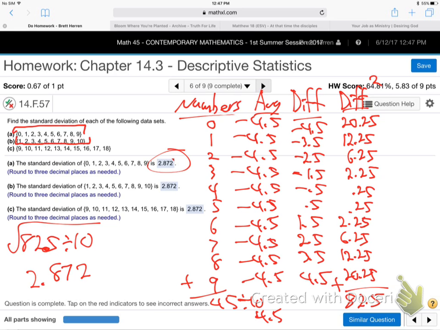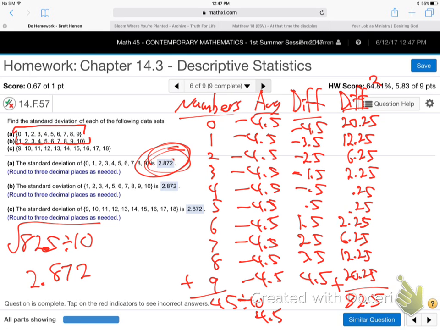That'd be like if the teacher gave a quiz, and the scores the class got were 0 through 9, and the teacher calculated the standard deviation, how spread out they were. And then right before passing back the quiz, the teacher got in a good mood and said, you know what, I'm just going to add 1 to everybody's score.